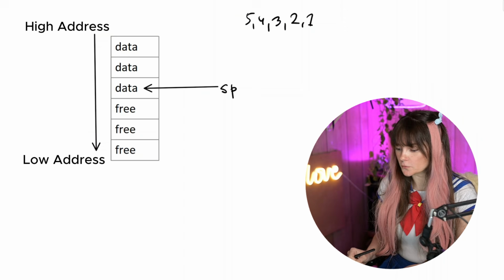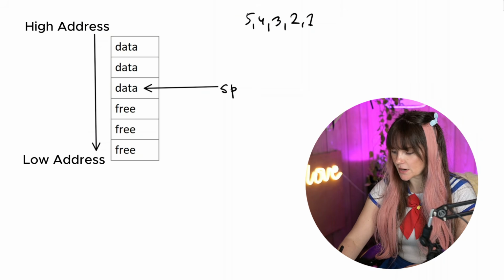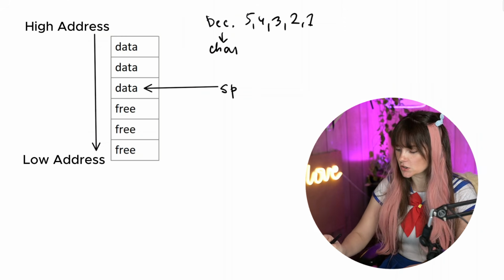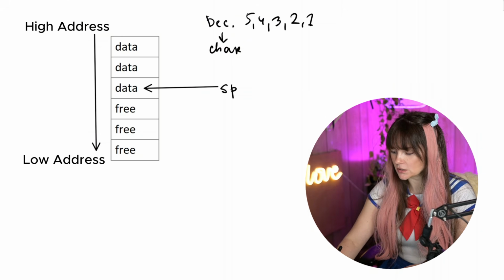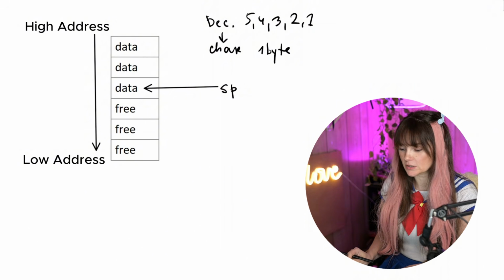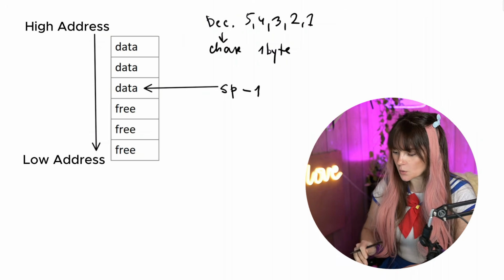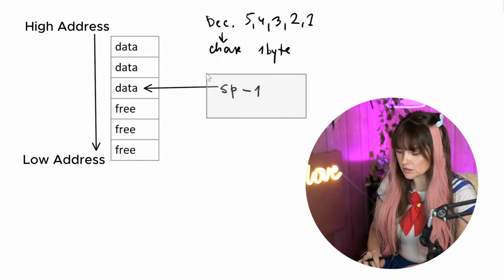So what we want to do first is take these decimals, right? And we already did it. We converted them to characters, and chars are only 1 byte each. So we want to reserve a space for this character, and we can reserve a space by moving our stack pointer downward by decrementing it by 1.